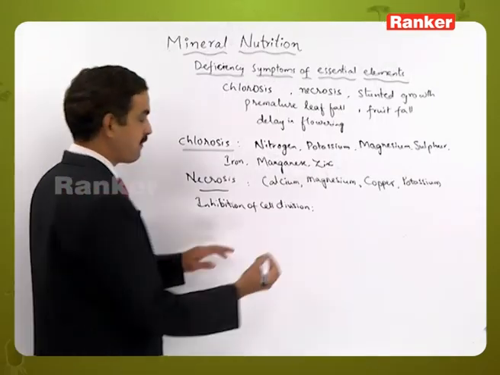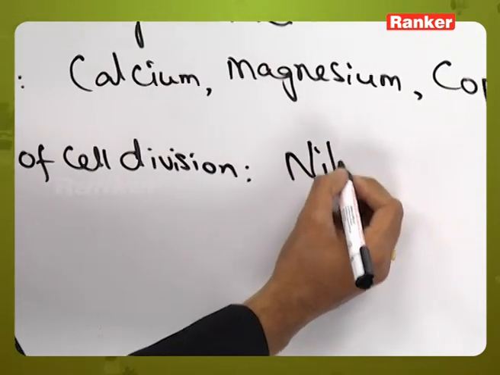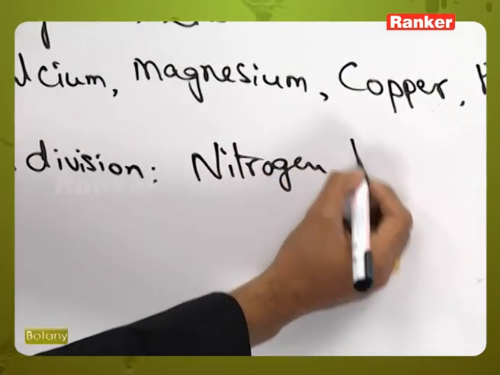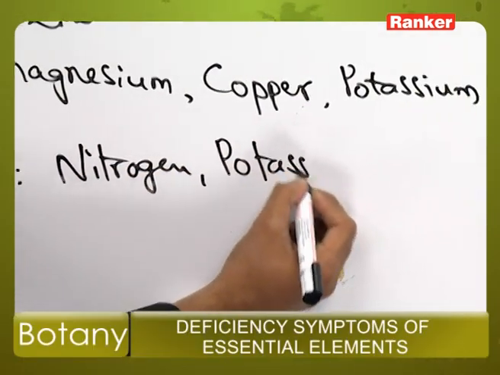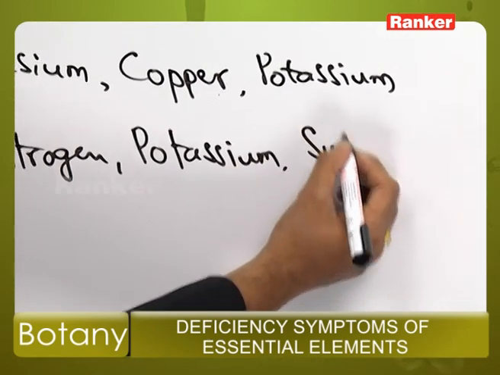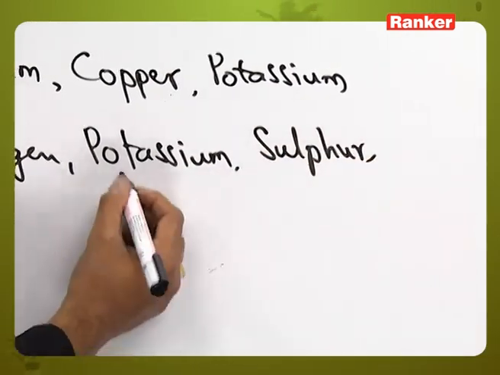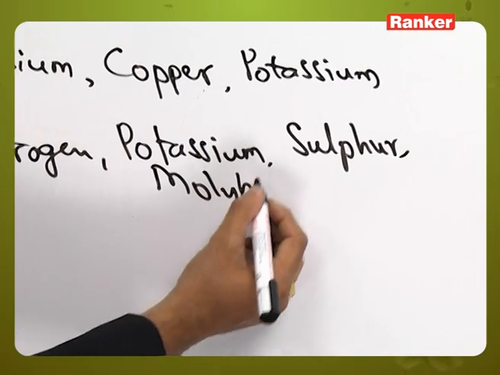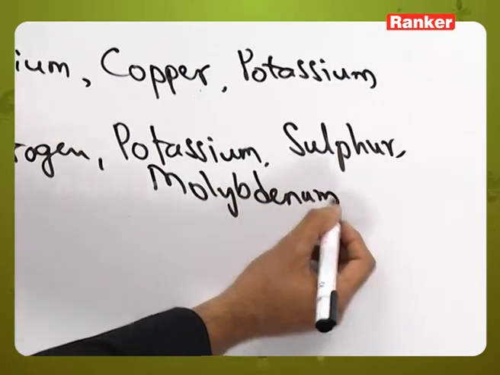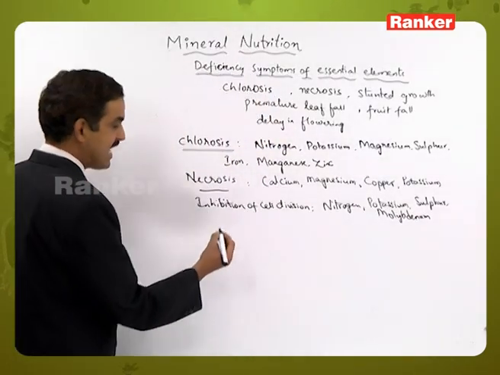This is caused by the deficiency of nitrogen, potassium, sulfur and molybdenum. Then delaying flowering.